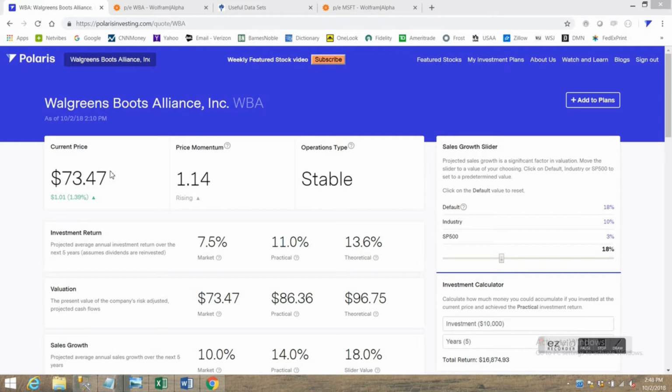We'll see later on that it's preferred that the forward-looking next 12 months earnings be used in the price earnings calculation. But a price earnings multiple is much more than that.